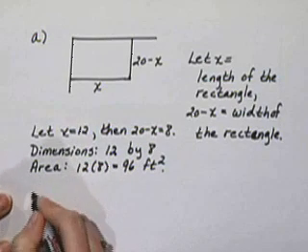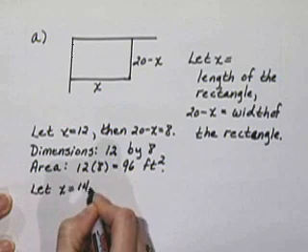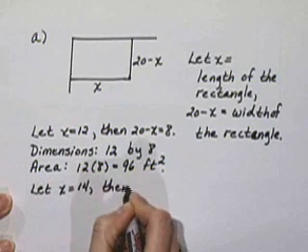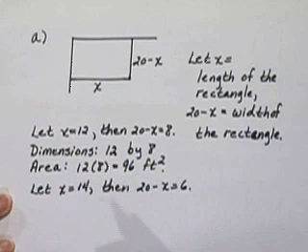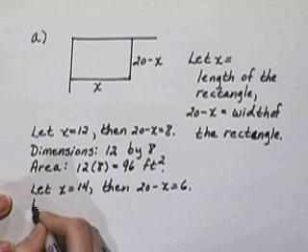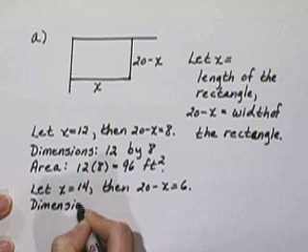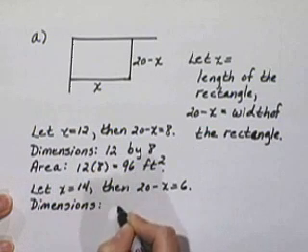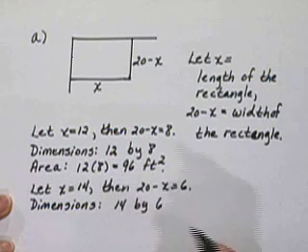Suppose x equals 14. Then 20 minus x equals 6. 20 minus 14 equals 6. So the dimensions of the rectangle would be 14 by 6 feet.